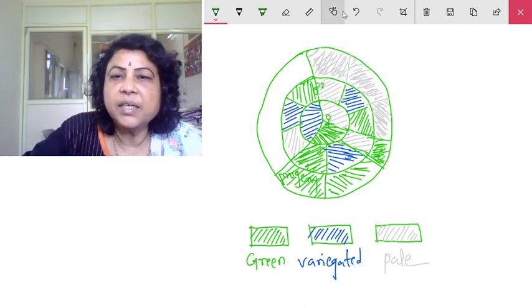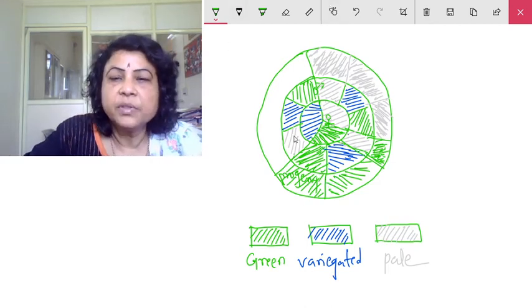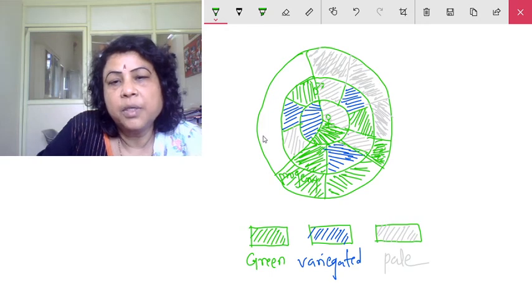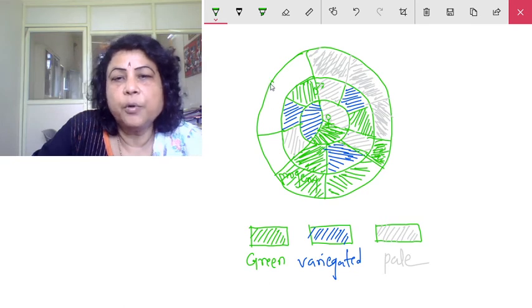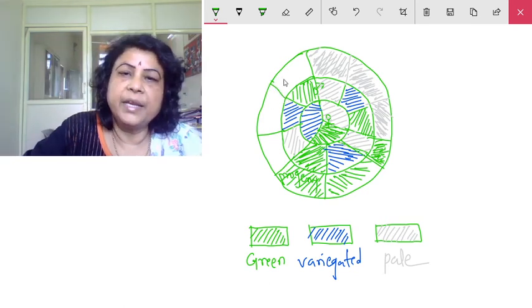And the third case is variegated. So the progeny is also variegated.